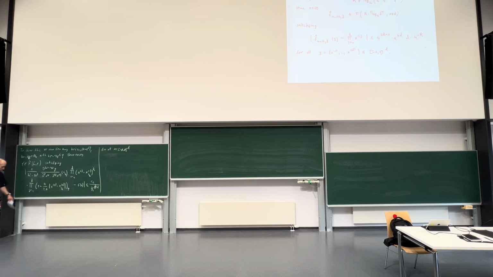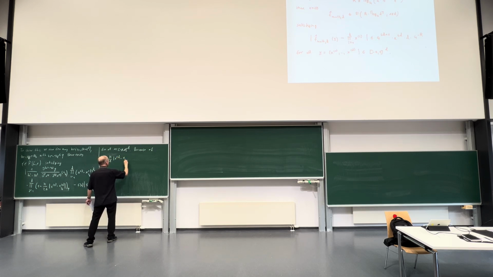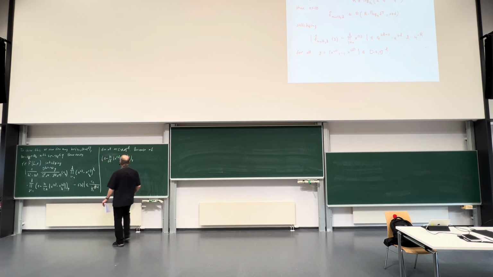Well, if you look at this one, because of this hat function and one component of it, 1 minus k divided by 2A times the absolute value of x_j minus x_{i,k,j}, positive part, and we had this trick already.